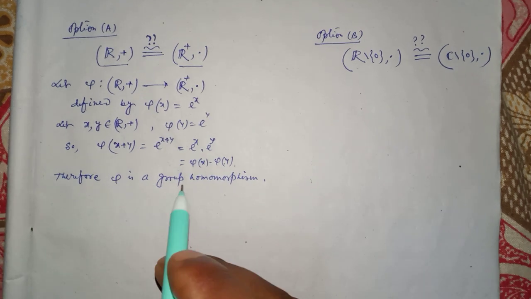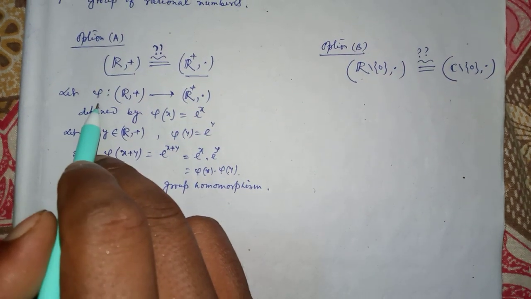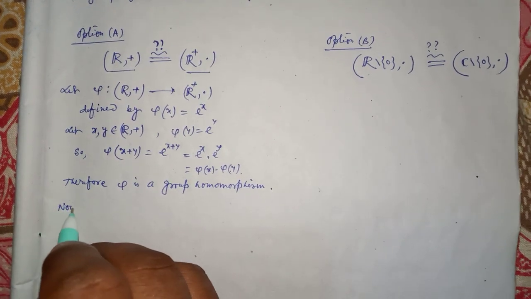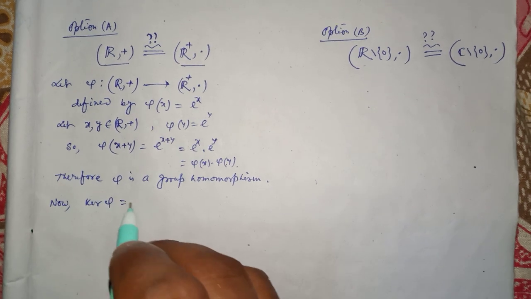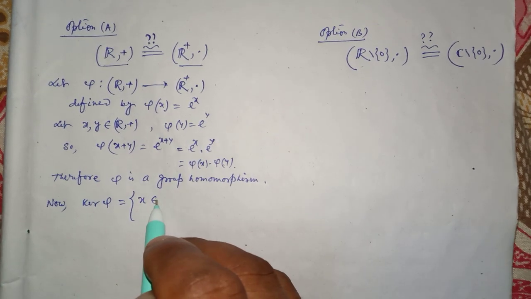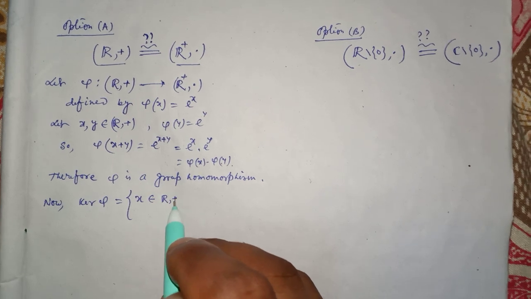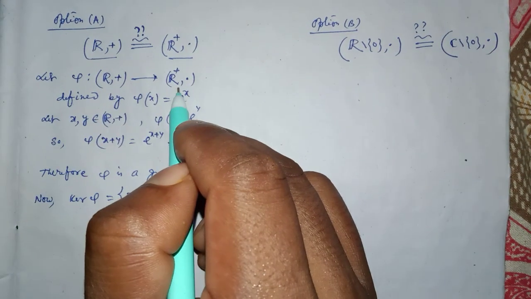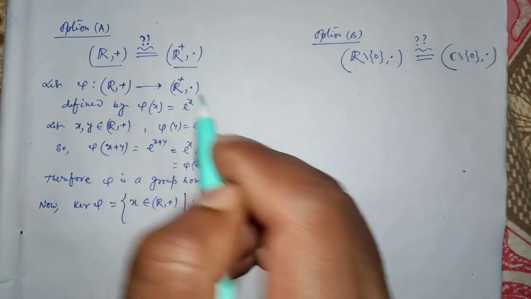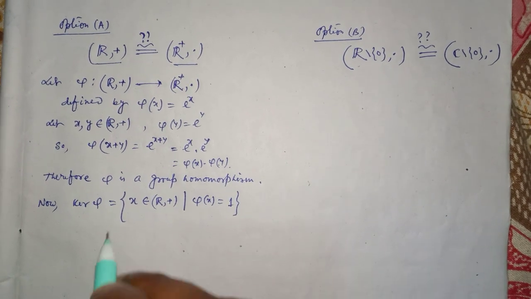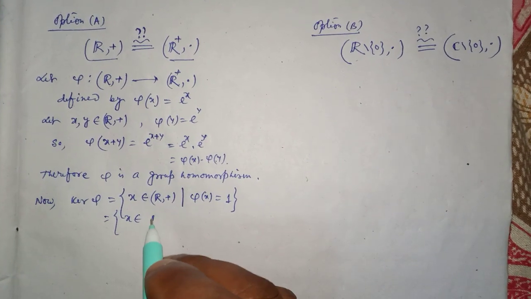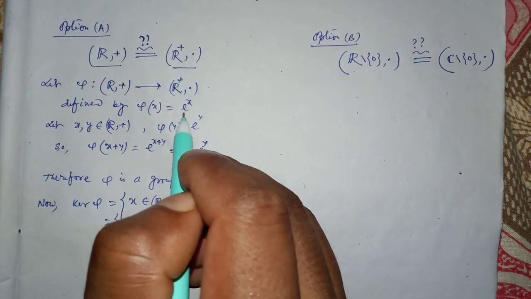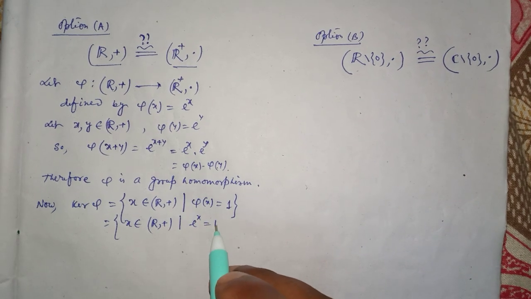The group homomorphism is injective means the kernel of phi is equal to the identity. Now the kernel of phi is the set of x belonging to R such that phi of x equals the identity element of the multiplicative group, which is 1. That is, e to the power x is equal to 1.